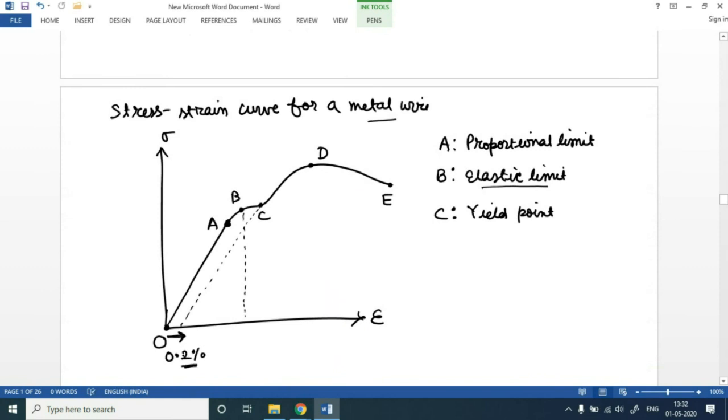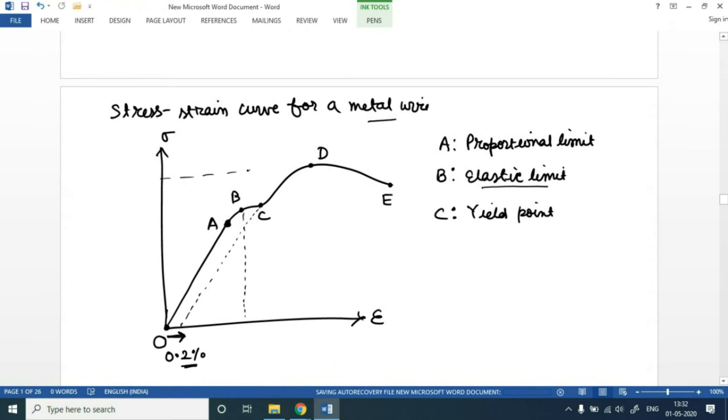Okay, so that is what the yield point is. Even if we keep on stretching that material, generating some strain, you should realize the stress increases till point D.